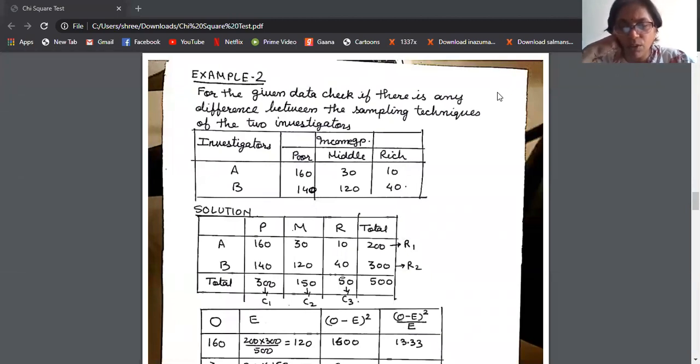Is the row total and the column total same? Now we go ahead and find the table.